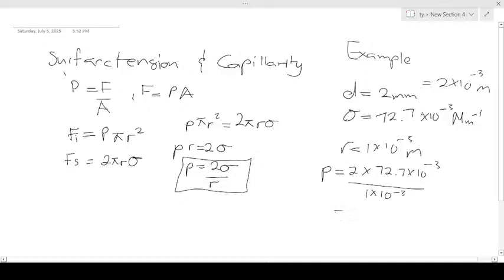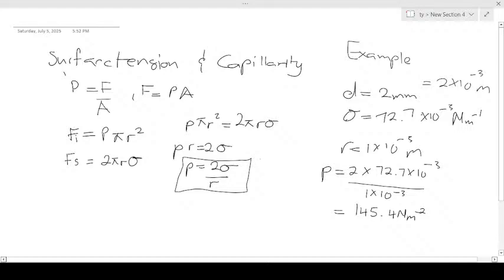And when you solve that, you should be getting 145.4 Newton per meter squared, since pressure is force over area.